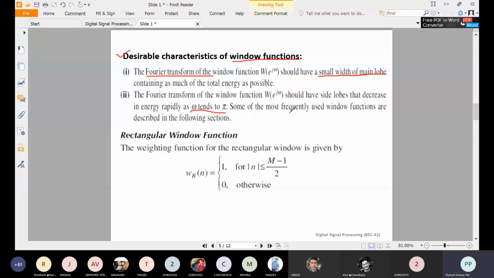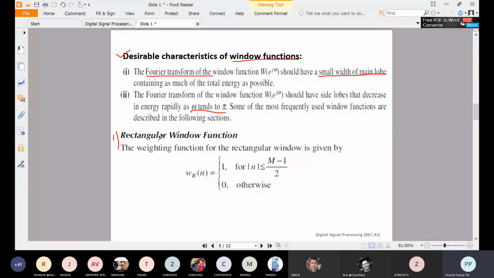Okay, so some of the most frequently used window functions that we will be considering, the first one is the rectangular window. There are basically different types of windows, so we will be studying them one by one. In today's class, we will be basically focusing on the rectangular window. We will see how we can design an FIR filter with it.